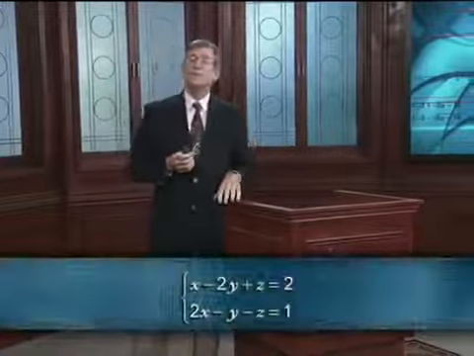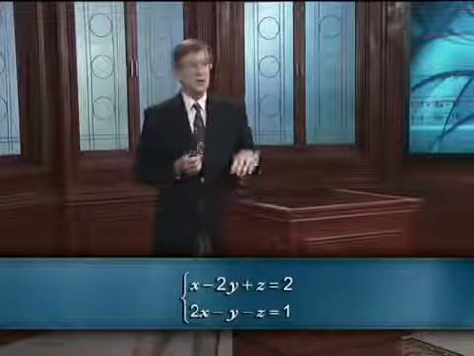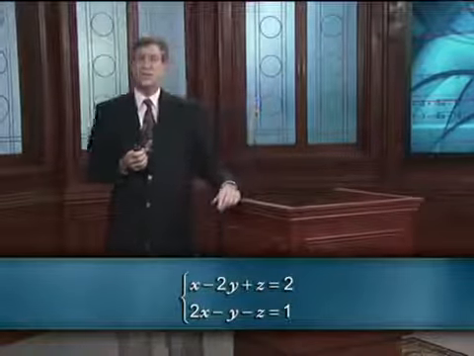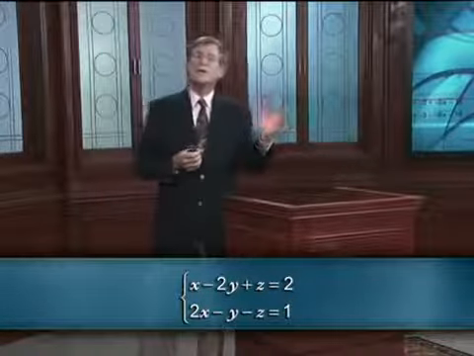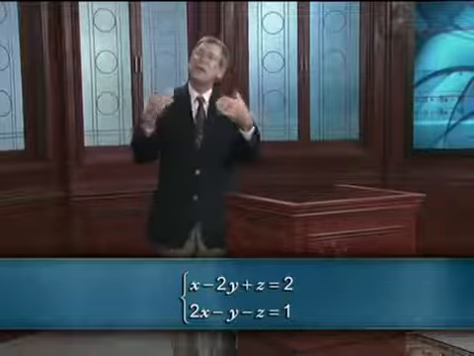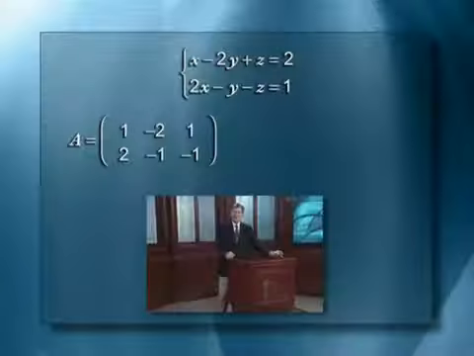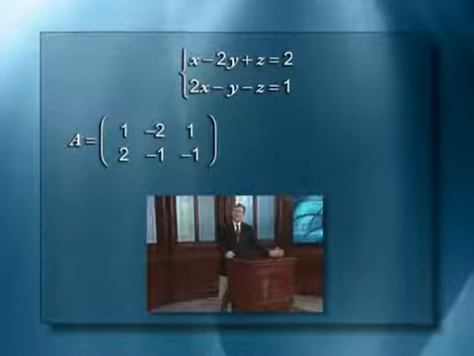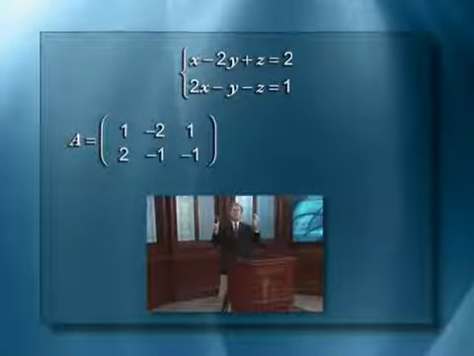All right, let's use these matrices as a tool in expressing linear systems, writing linear systems in a more convenient way. And again, I'll show you an example, but it illustrates the idea. Here's a system of two equations, three unknowns. x minus 2y plus z equals 2, 2x minus y minus z equals 1. So here's another way of writing that system. Let's let the matrix A be the coefficient matrix.